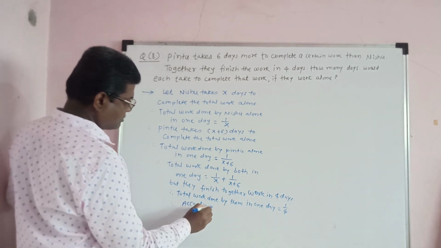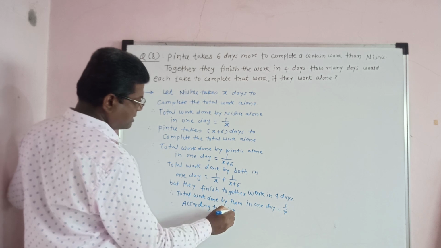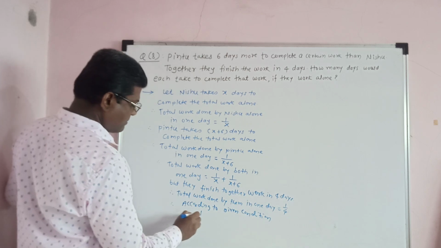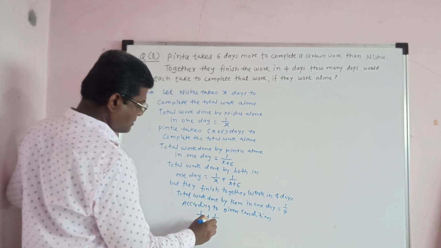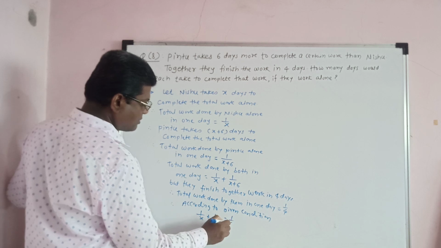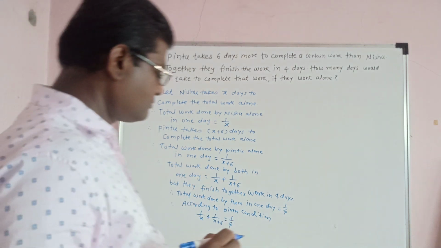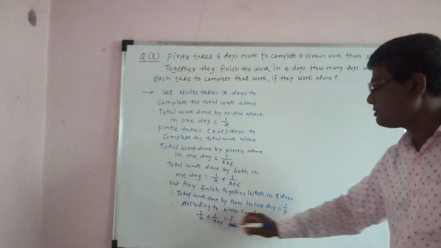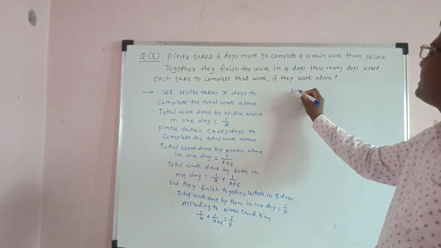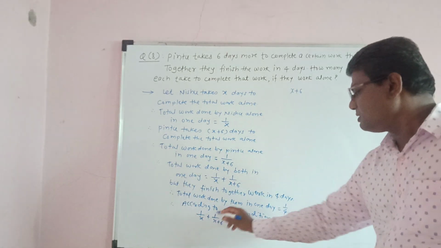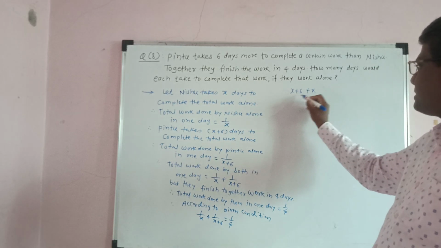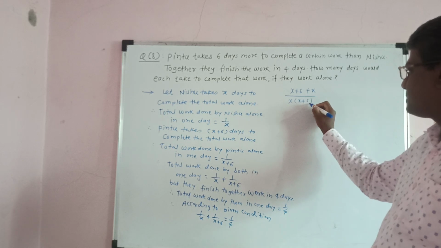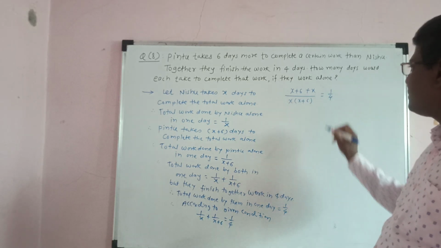Therefore, according to the given condition, 1 upon x plus 1 upon x plus 6 is equal to 1 upon 4. Cross multiplying: x plus 6 into 1 will be x plus 6, x into 1 will be x, upon x in bracket x plus 6 is equal to 1 upon 4.